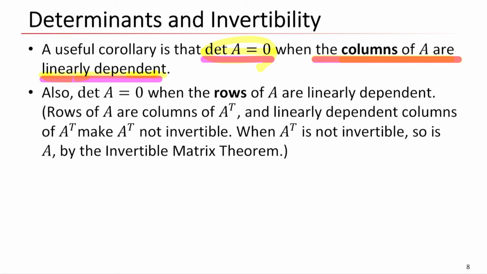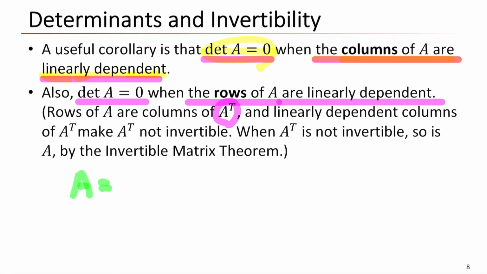This property can also be applied to the rows of the matrix A. In other words, the determinant of matrix A is equal to 0 when the rows of the matrix A are linearly dependent. Why? Because the rows of the matrix A are the columns of A transpose.